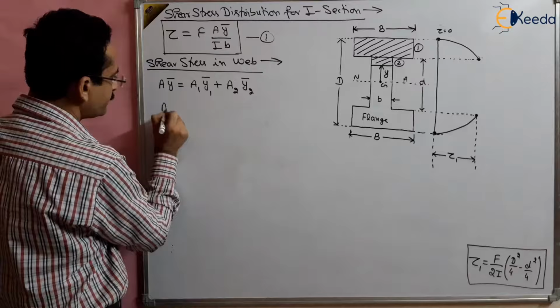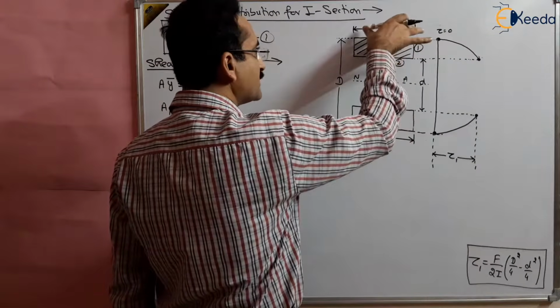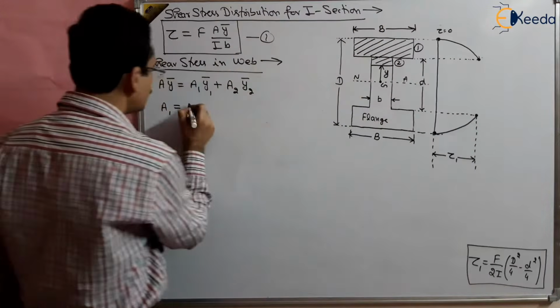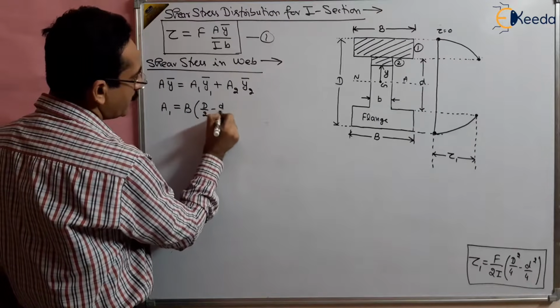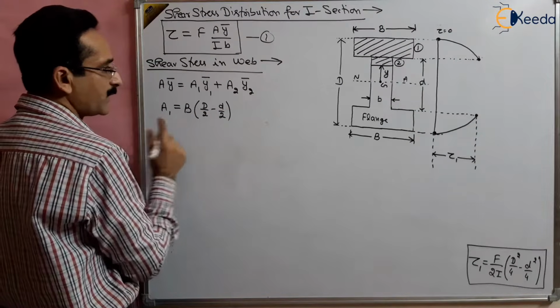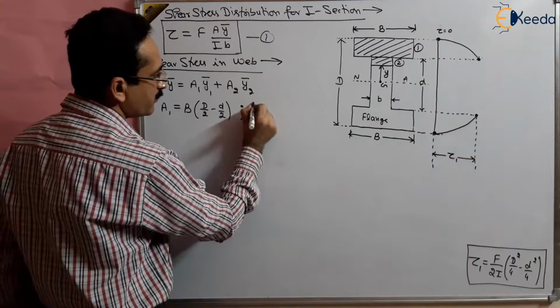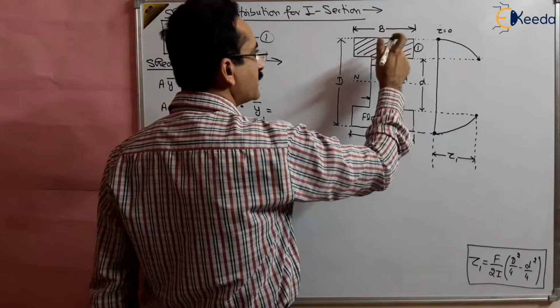So what is A1 y1 bar? A1 is the area of the flange, whose width is B, and the thickness of this flange is capital D by 2 minus small d by 2. So that will be B times (D by 2 minus d by 2). This is the area. And what is y1 bar, basically the centroid of this flange?